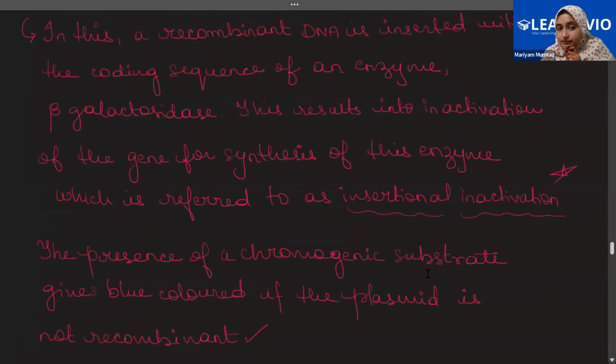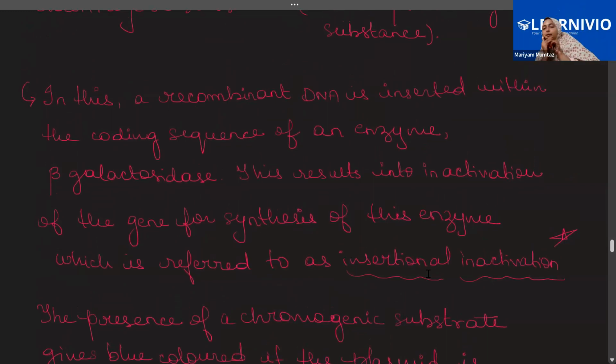Can you explain again? See, if a question gets asked as to what is insertional inactivation, it is that phenomenon wherein when we insert an alien or foreign piece of DNA, because of that insertion, the genes that are coding for a particular enzyme, here beta-galactosidase, get inactivated.